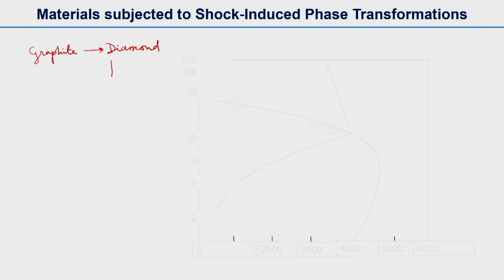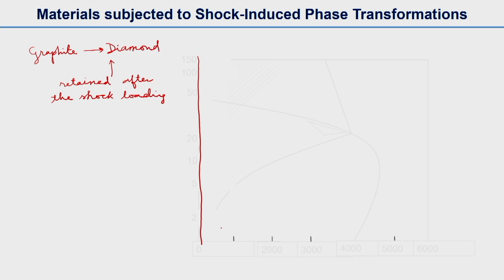So it can be retained after the shock loading. Before going to the details, we will see how the unary phase diagram of carbon looks.